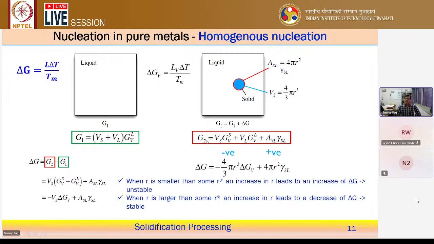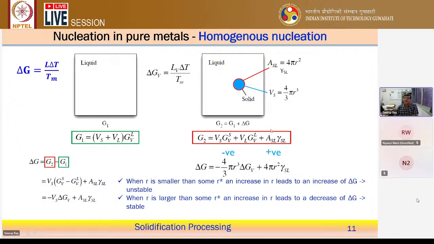Now we can calculate G2, the free energy at state 2: Vs into GVS, where Vs is the volume of the solid phase and GVS is its volume free energy, plus VL, the volume of the liquid phase, times GVL, the volume free energy associated with the liquid phase, plus the new surface.